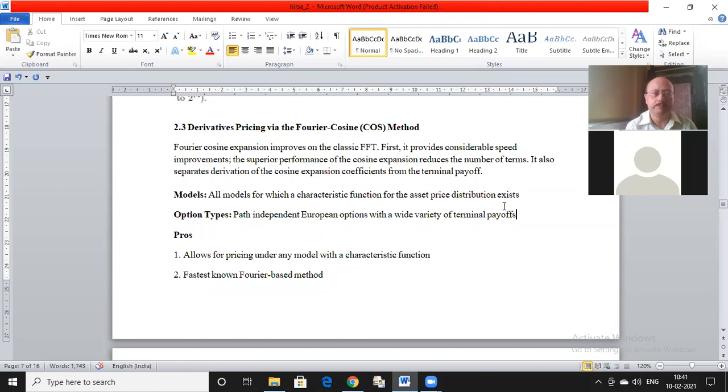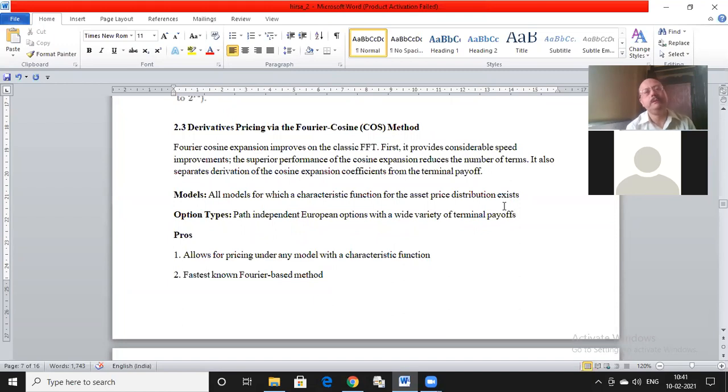in this chapter. So Fourier cosine expansion improves on the classic FFT in that it provides a lot of speed improvement. And because it is faster, we can definitely do more. We will actually show that we can do more complex derivative pricing using the cosine method compared to the fractional or the fast Fourier transform methods.